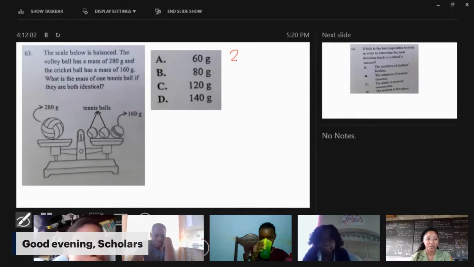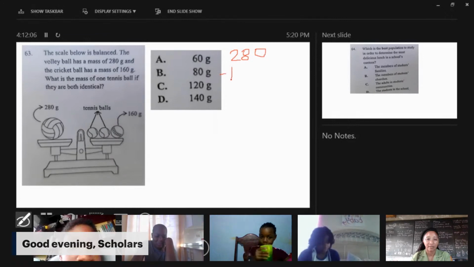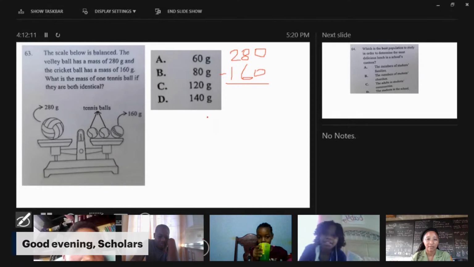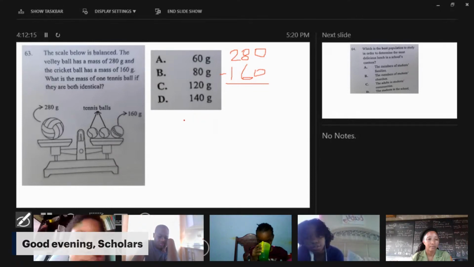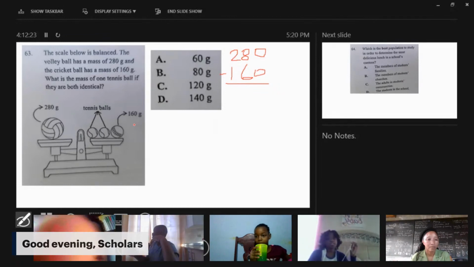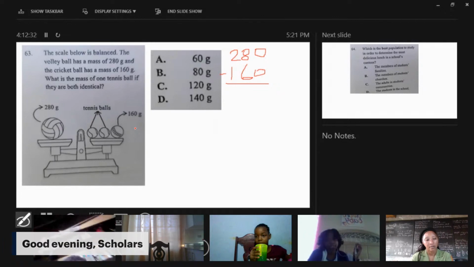Miss, because we wanted to find the mass of the two tennis balls, and the tennis balls and the cricket ball are the same weight as the volleyball. So you wanted to find out the difference and then half of that number to find out one of the tennis balls.